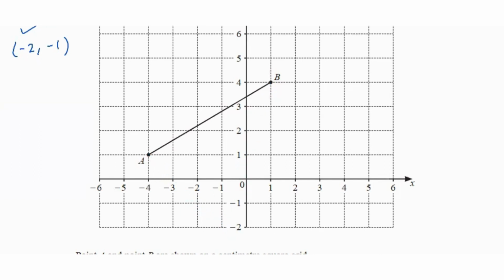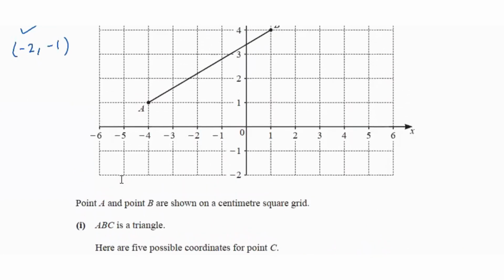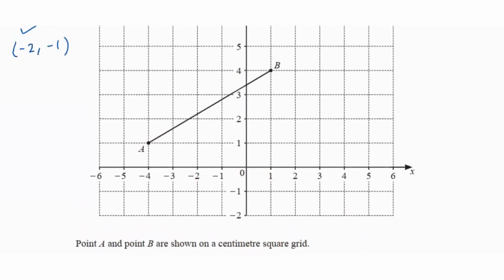Now we're left with 6, 1 and negative 4, 6. So 6, 1 is going to be over here. Now let's join the points. 1, 2, 3, 4, 5 points over.